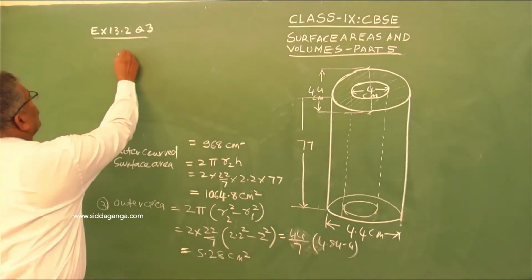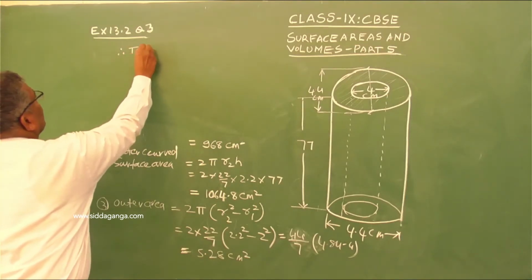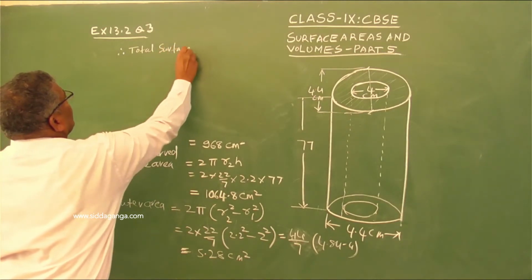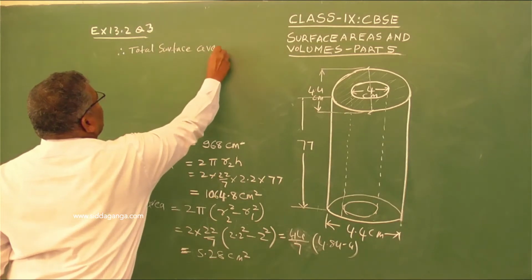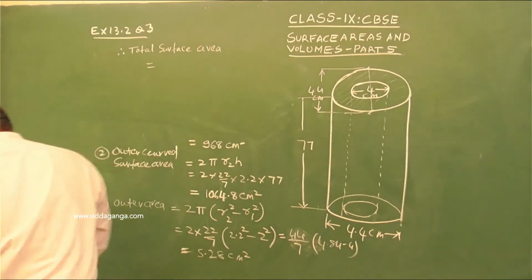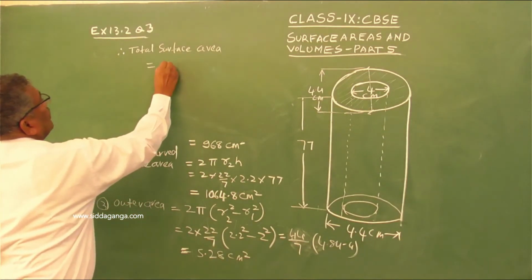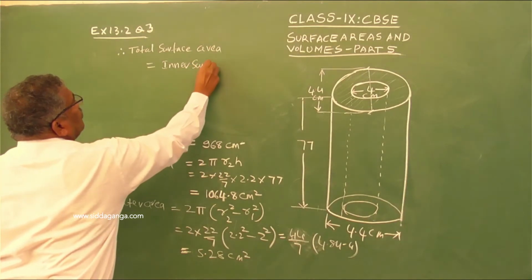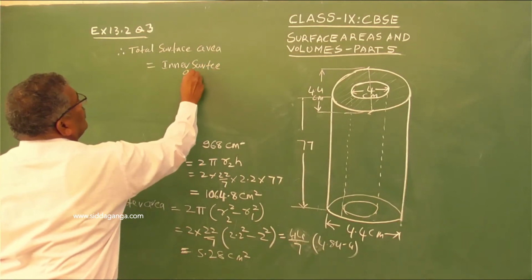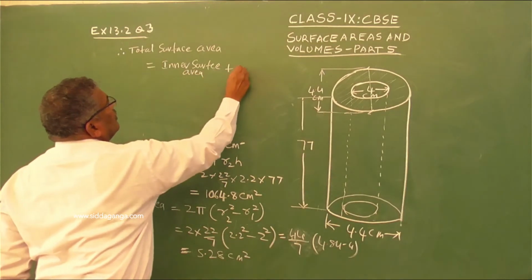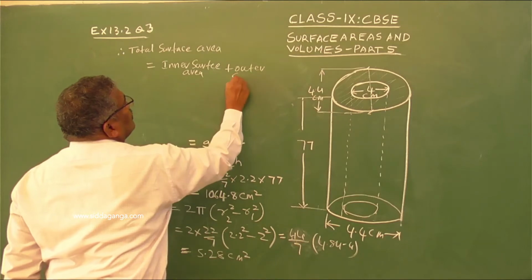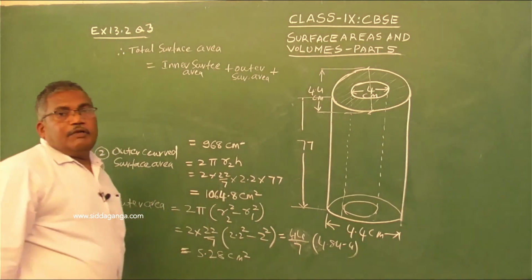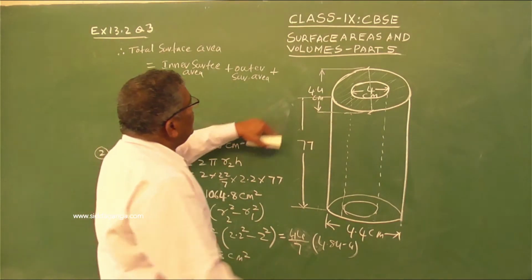So therefore total surface area equals the inner surface area plus outer surface area plus circular areas at the end.